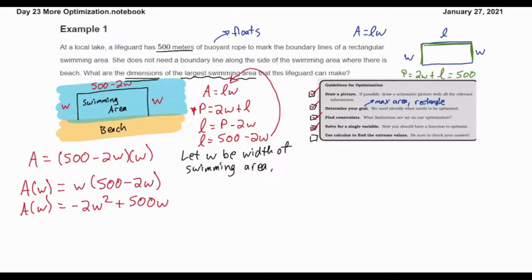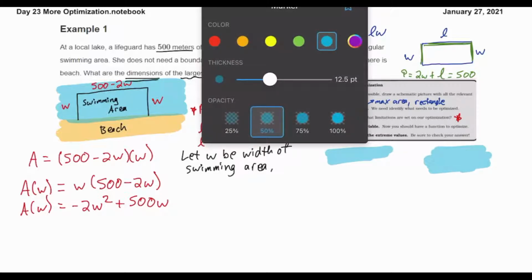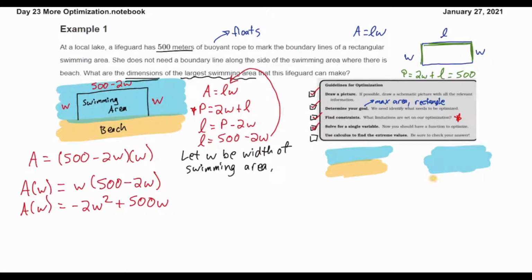And let's think about any other constraints we have. Let's go back to that for a moment and think about what are the maximum and minimum possible widths. One thing we could do, we can imagine that we have our beach. I'll draw two quick examples here. So we have two extreme cases to consider.